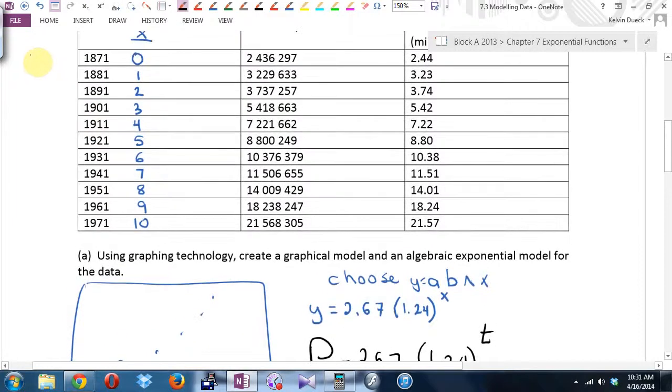So I would have 1981 would be year 11, right? 1991 would be number 12. 2001 would be number 13. So 2011 would be number what? 14. Is that okay? Not going up by ones, it's going up by tens, right? Okay? Yeah? So let's go on our graphing calculators.